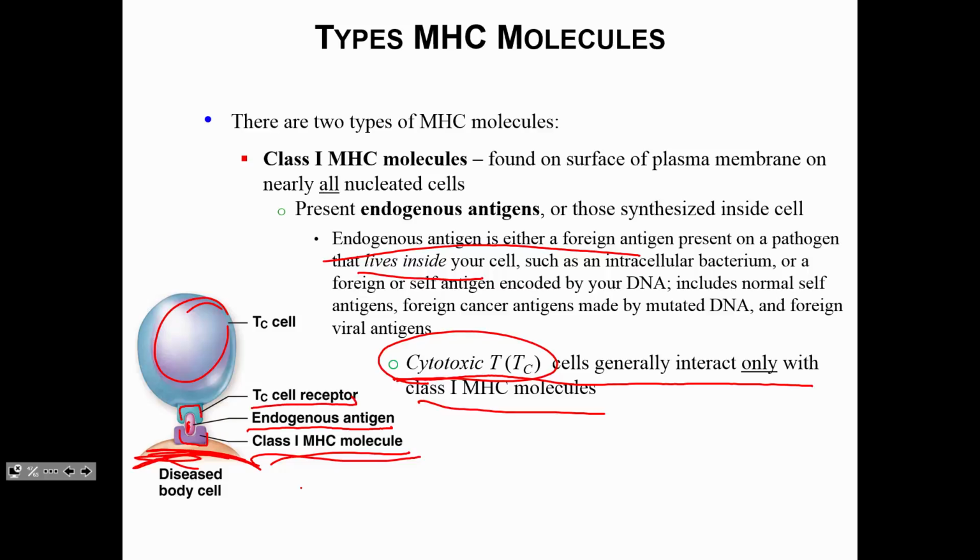So what happens is this diseased body cell has this class 1 docking site. It's going to dock this antigen on it, and then the cytotoxic T cell is going to come and connect. The receptor connects with that antigen. This T cell is going to decide whether that antigen is self or foreign. If it is self, nothing happens. We don't attack our own antigens. If it's foreign, then the body's going to get ready to launch an attack.